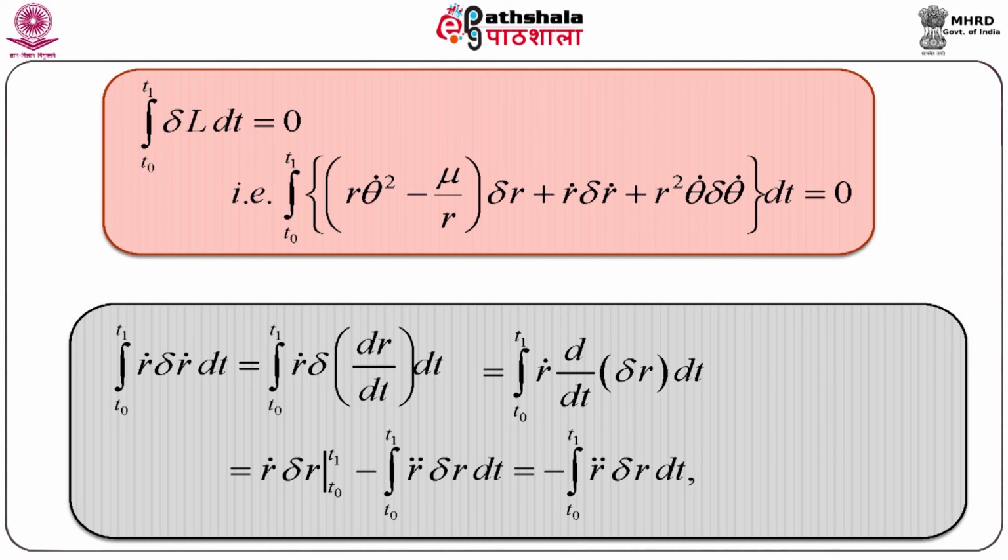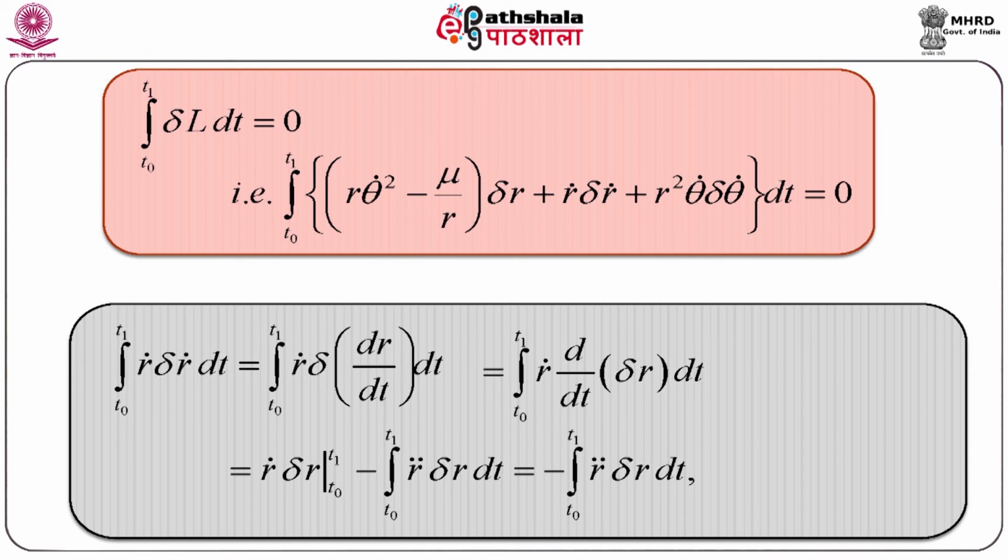We have used that d dt and delta operation can be interchanged. Therefore, integration T0 to T1 r dot delta r dot dt equal to r dot delta r taken at the points T0 and T1 minus integration T0 to T1 r double dot delta r dt.